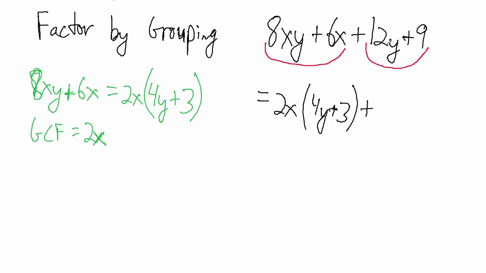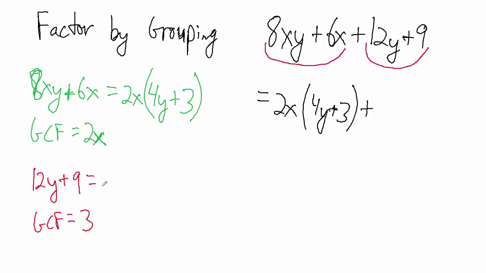Well, now we just do the same thing we did, but with 12y plus 9. So if we come back over here, 12y plus 9. What's the GCF here? Well, here's 12, here's 9. The greatest common factor there is going to be 3. And then here's a y, here's no y. So actually that's it, just 3. 3 is the greatest common factor for this algebraic expression here.